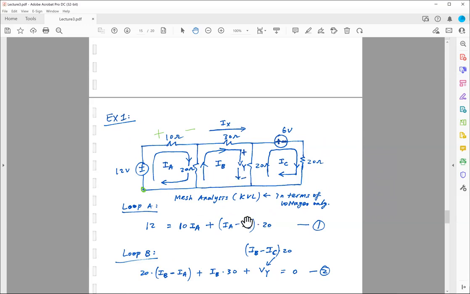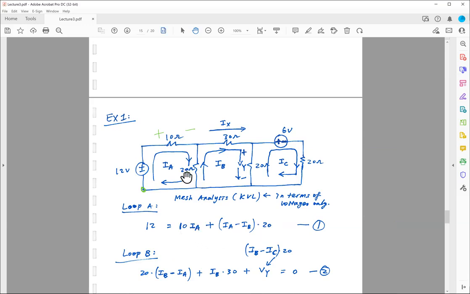So in that case, I'm going to take IA minus IB, whatever the difference is, my net current flow. And this will be dominated by this loop current, since I'm operating loop A. So the net current flow, which is the delta between IA and IB, multiplied by the 20 ohm resistor. The current I times R is going to give me V.